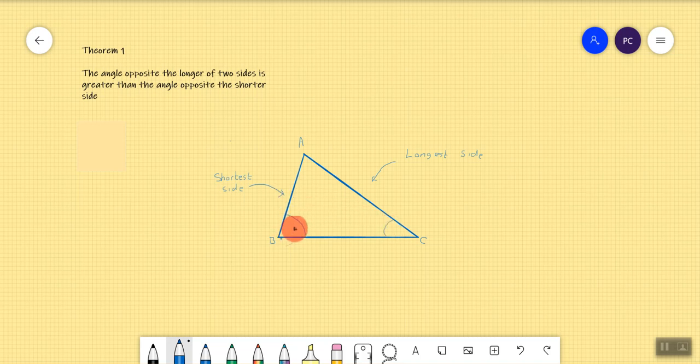So what we're trying to prove is the angle.